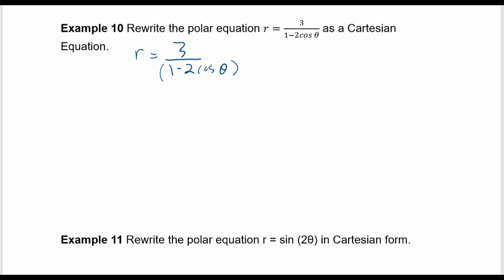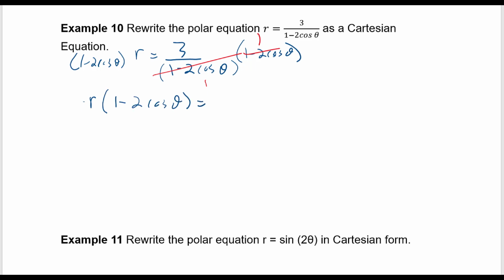So I'm going to multiply both sides by 1 minus 2 cosine theta, so that these divide out. And now, not distributing yet, r times 1 minus 2 cosine theta equals 3.